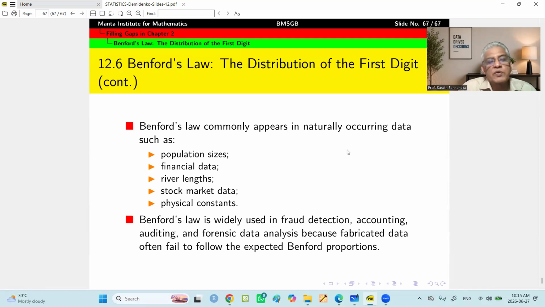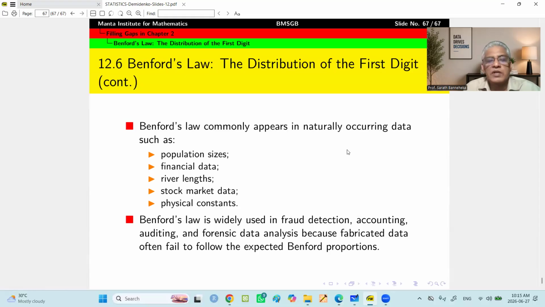Therefore, Benford's law is widely used in detecting fraud in financial data, mainly in accounting, auditing, and forensic data analysis, because data sets with fabricated data will fail to follow Benford's proportions, Benford's law, right?